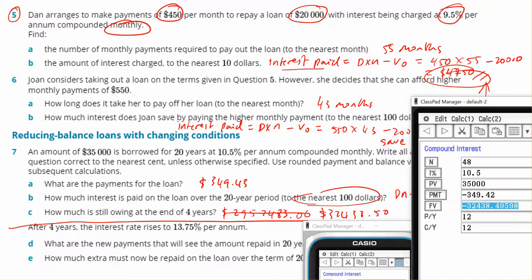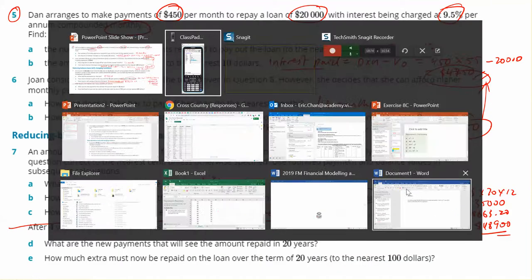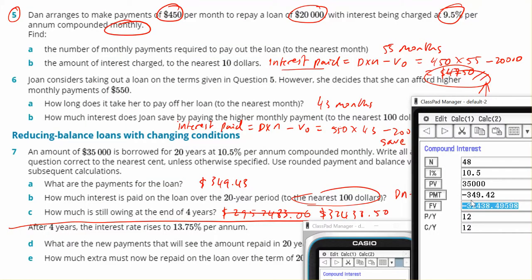At year 4, that's how much she owes the bank. So you put it back as if the bank reborrowed that money to you. Your principal value is 32438.50. Your remaining time is 16 years, 16 times 12.